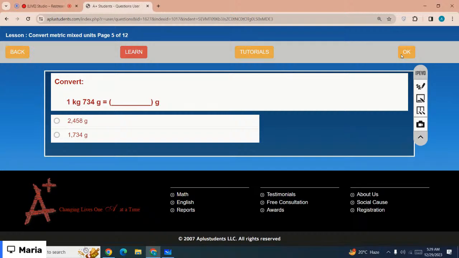One kilogram and 734 grams equal. You have to convert from kilograms to grams. So which is the correct option? The basic conversion is 1 kilogram equal 1000 grams. So which is the correct option?